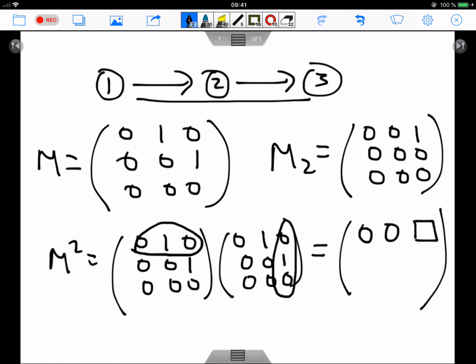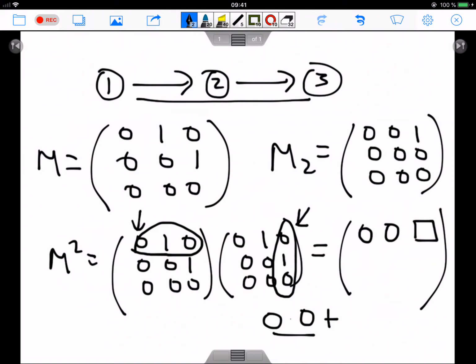Now what we are doing is 0 times 0. We are trying to combine an edge from 1 to 1, which would be this position, with an edge from 1 to 3. That would give us a path of length 2 from 1 to 3, but there is no such possibility.